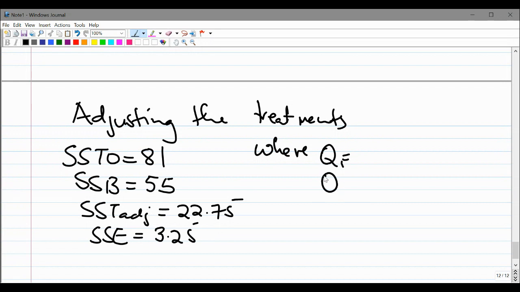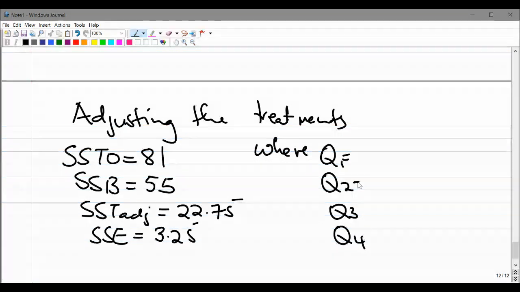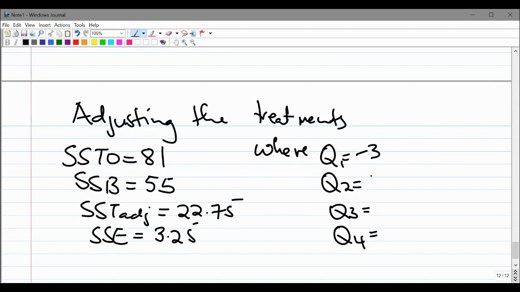Maybe it's very important to indicate what Q1 is equal to, because yesterday there was a debate about the Qs. So let's do this, guys. What is our Q1? Someone told me yesterday that this one is minus 7 over 3.